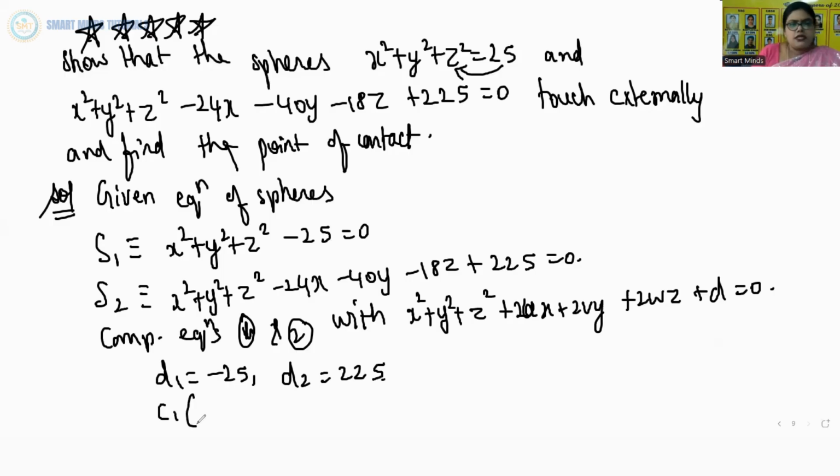And the centers: in the first equation, you can see there is no x term, y term or z term, so the center is 0, 0, 0. And the second center is 12, 20 and 9. The center formula is minus u, minus v, minus w, and so we got the center as 12, 20 and 9.